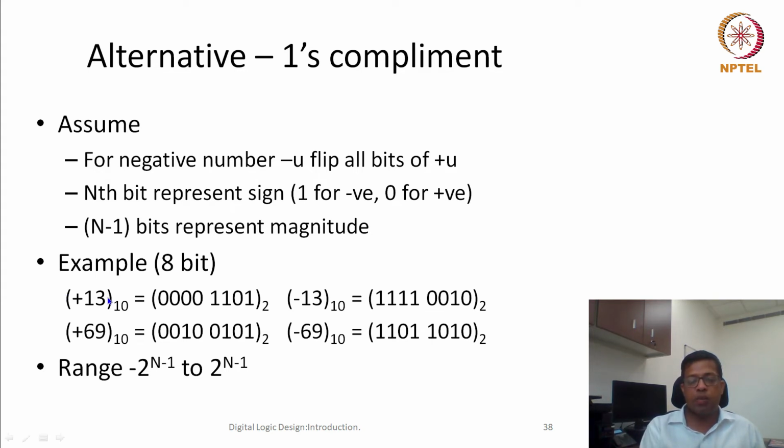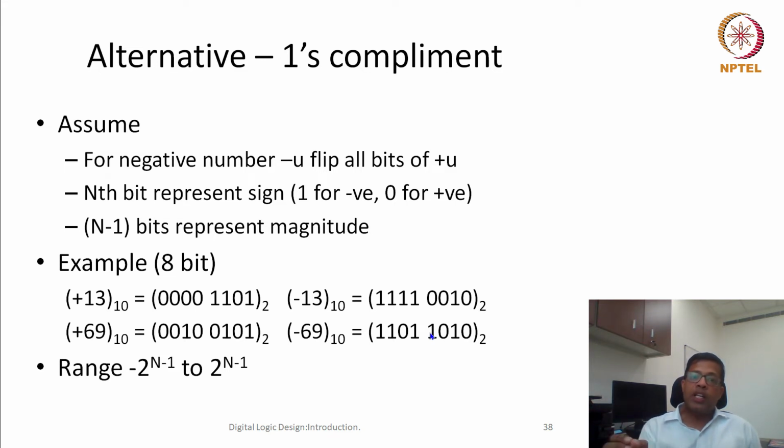Let's say this is plus 13, 0 0 0 0 1 1 0 1, in 8 bits, and then minus 13 is simply inverting all the bits, 1 1 1 1 0 0 1 0, or similarly any other number. So getting a negative number is easy. I just need to flip all the bits, or reverse the polarity of all the bits.